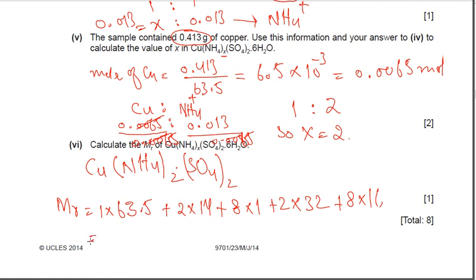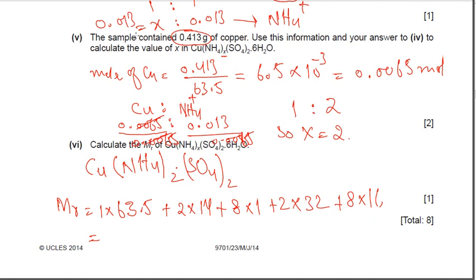So when we solve all this, what we got is 63.5 plus 28 plus 8 plus 64 plus 8 times 16.